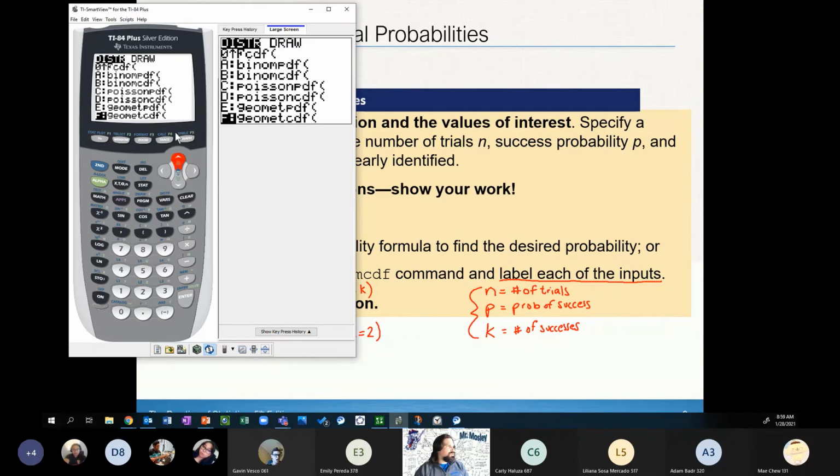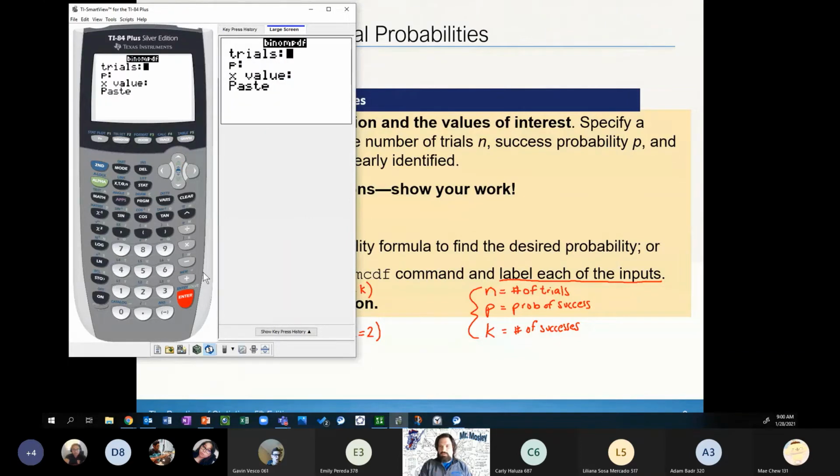There's some other distributions we'll talk about later, like a Poisson distribution. We're going to look at option A and B here, binom PDF and binom CDF. If I want binom PDF, going along with the example we've already seen with the kids and type O blood, hit enter, and it will prompt you for the inputs. Number of trials, 5.